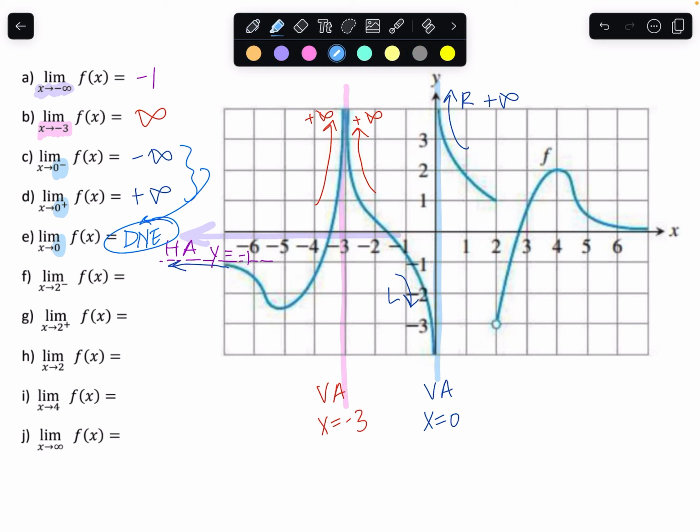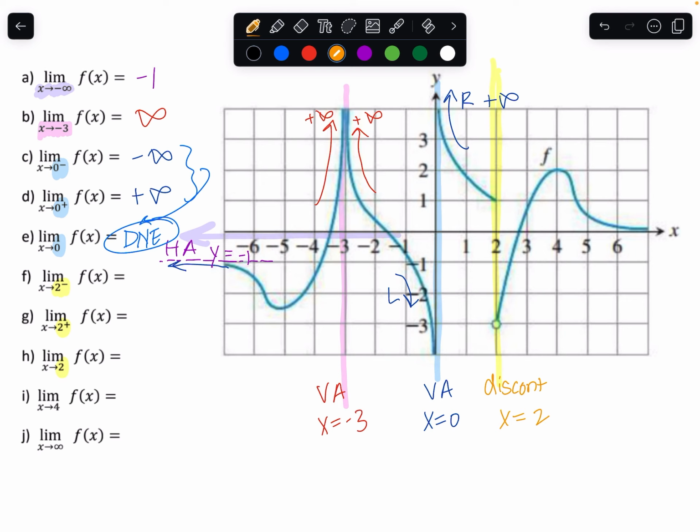Okay, so now let's look at 2. So F, G, and H here, we're looking at the limit as x is approaching 2. Not really a vertical asymptote in this situation; we just have a discontinuity at x equals 2.